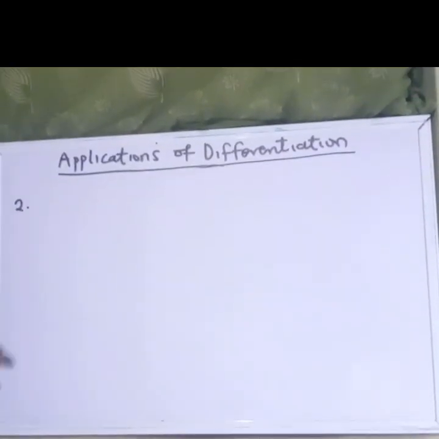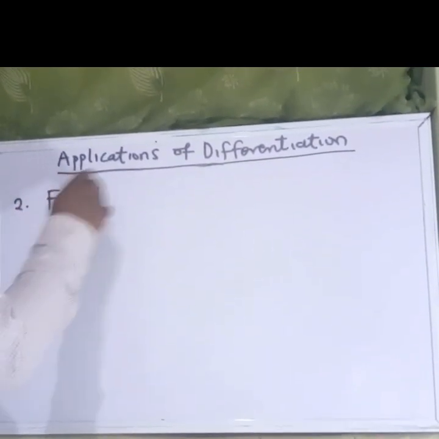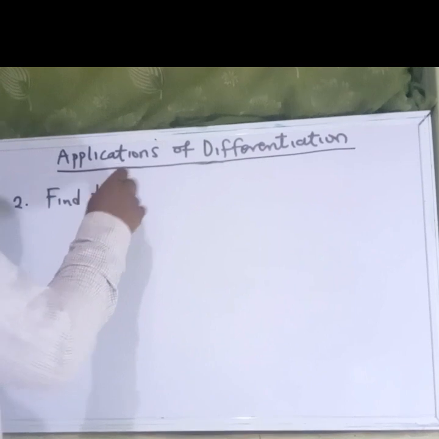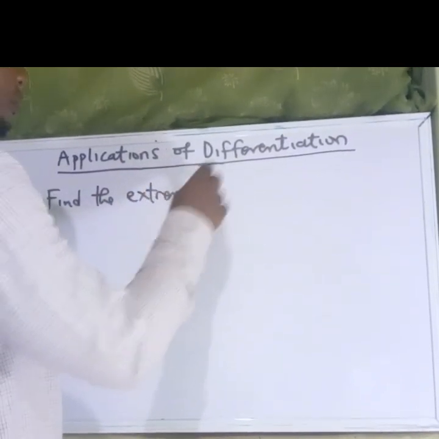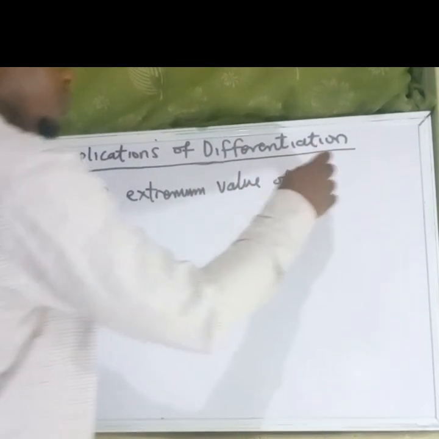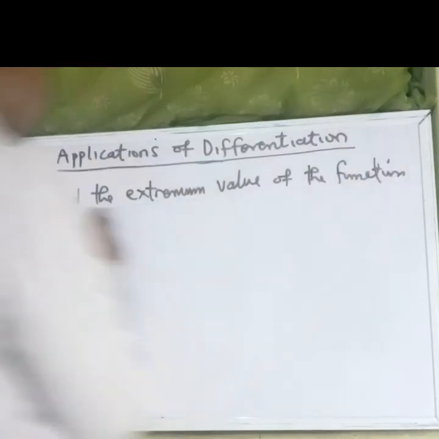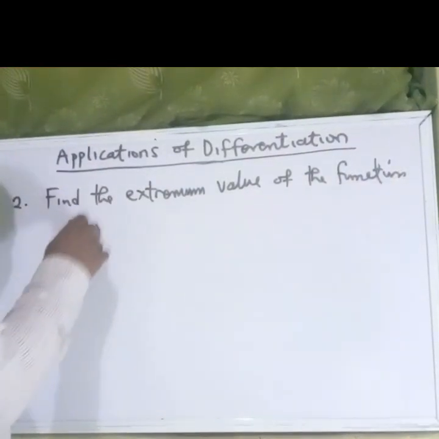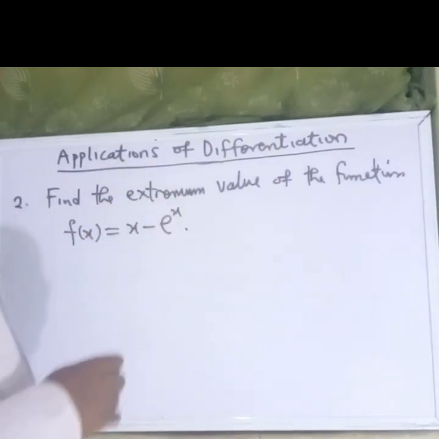Example 2 says we should find the extremum value of the function f of x equal to x minus exponential x.